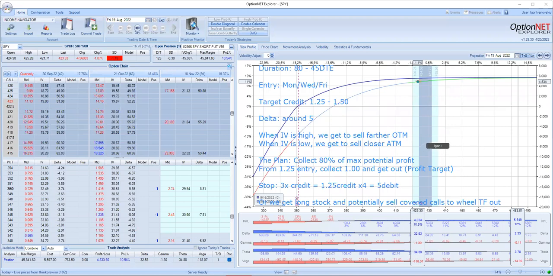But then again, I have not used any stops since last time I got stopped on this was back in January, right?